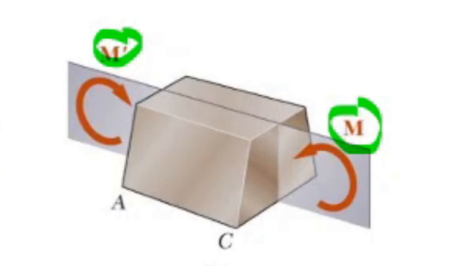Following the usual convention, we are going to have a positive sign assigned to M when the member is bent as shown in this figure, when the concavity of the beam faces upward, and a negative sign will be assigned when the concavity of the beam faces downward.